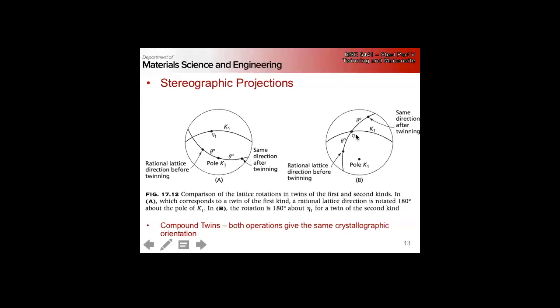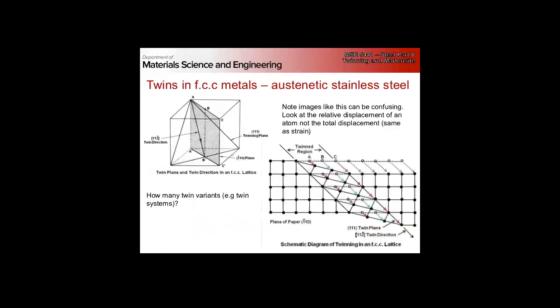And compound twins are such that both of these operations give the same crystallographic orientation, right? So both of these symmetries have to hold true. Okay, so that's the crystallography. That's the geometry of the transformation.